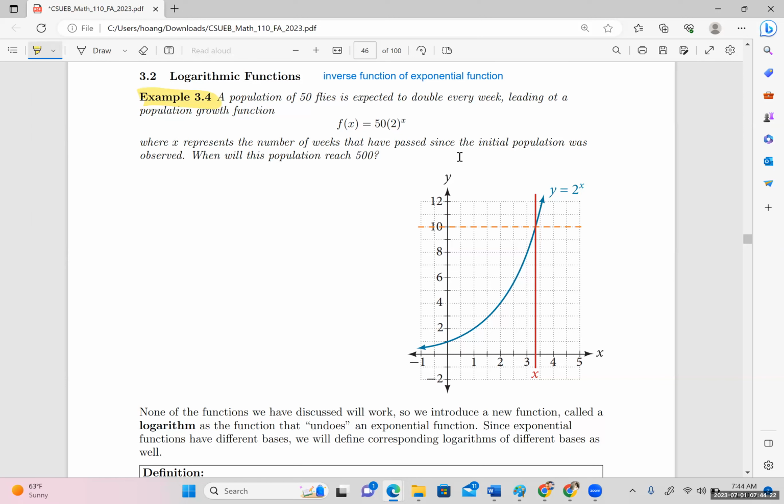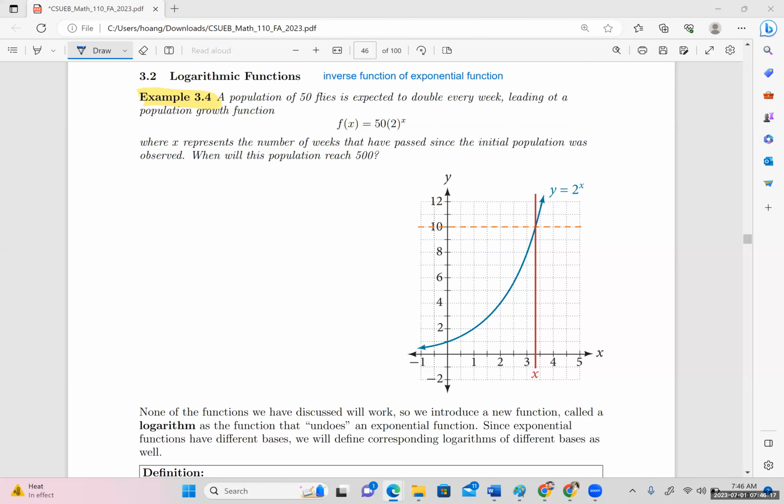So a population of 50 flies is expected to double every week, leading to a population growth function.